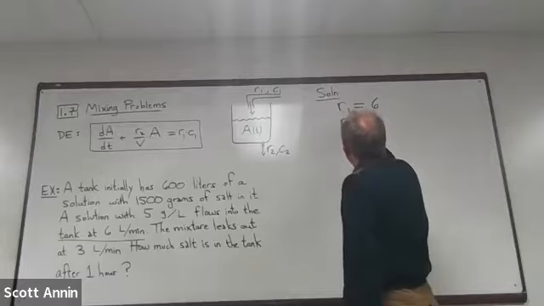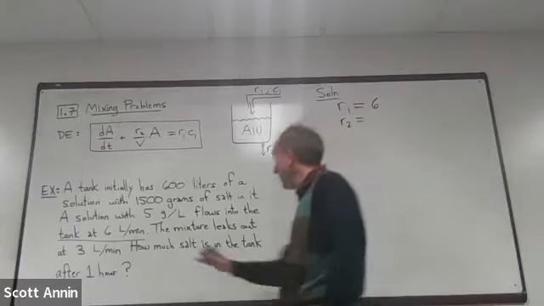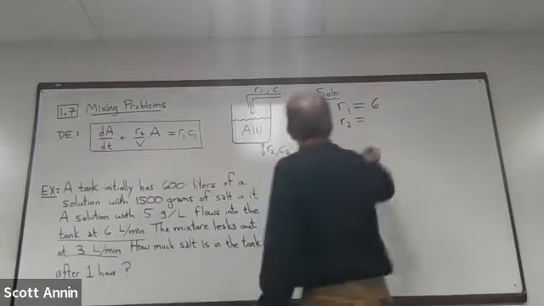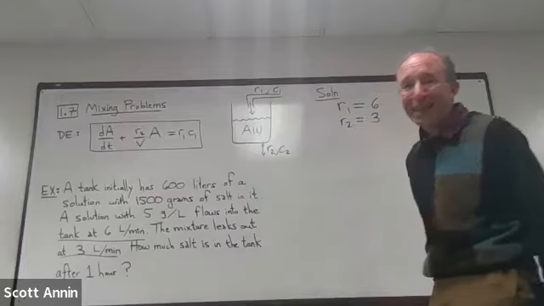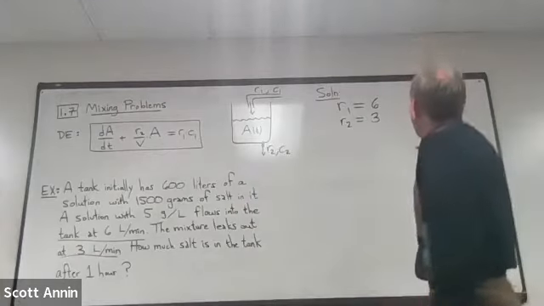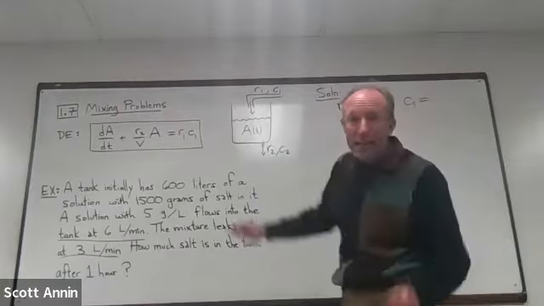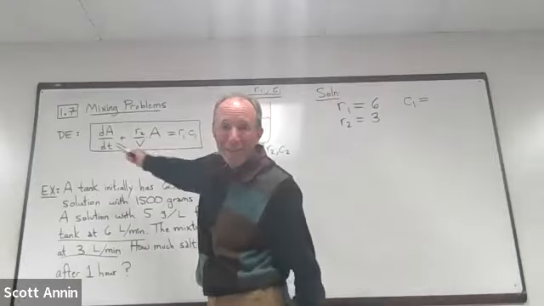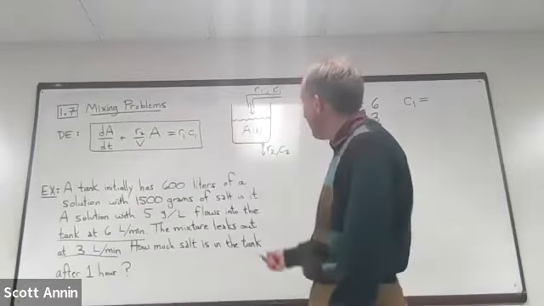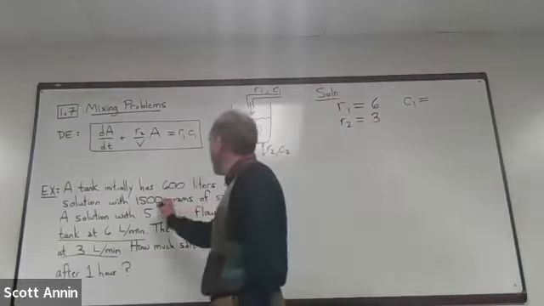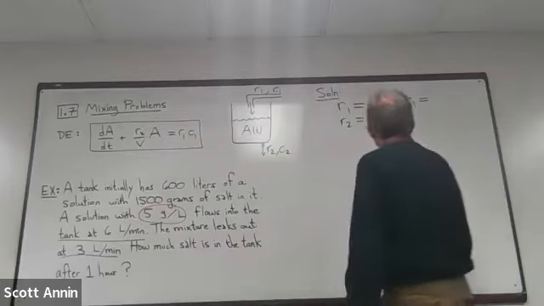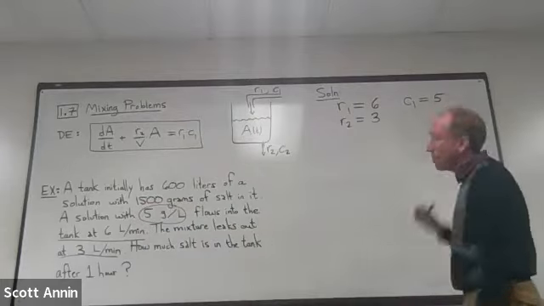And of course, R2, which is the outflow rate, it's leaking out at 3 liters per minute. And then the concentration flowing in, that's C1. And see, I need all of these numbers, don't I, for my differential equation. The C1 is the concentration that's flowing into the tank. That's 5.